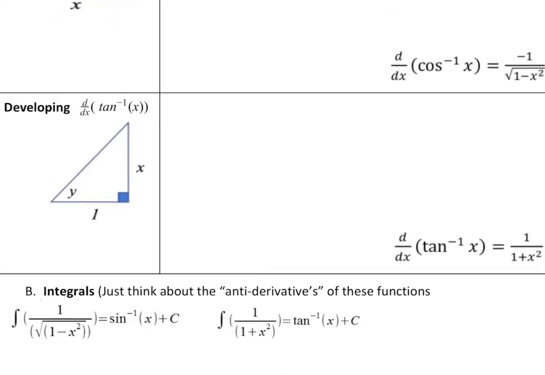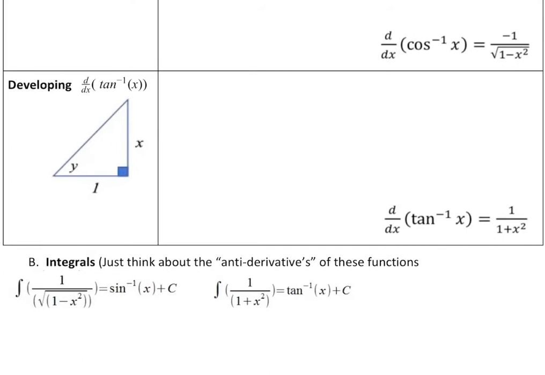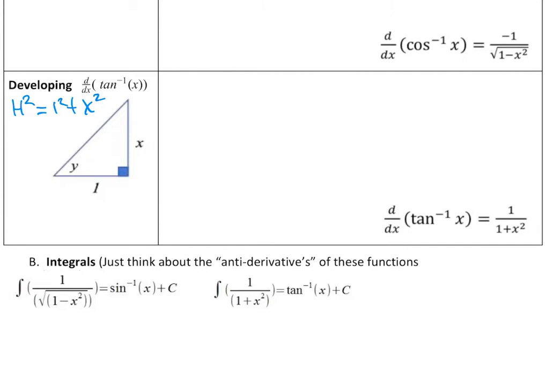Okay, tan's the trickiest one to develop, I think. So for tan, let's again figure out what this third side is, the hypotenuse. So the hypotenuse squared would equal 1 squared plus x squared, right? So the hypotenuse equals, square root both sides, the square root of 1 plus x squared.